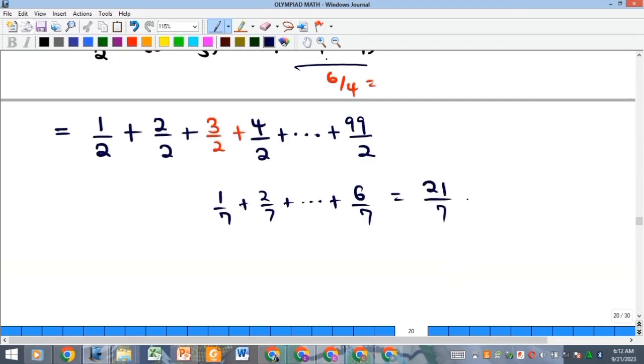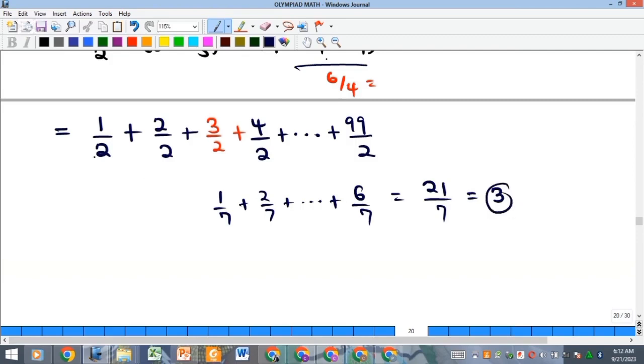So you will have 21 over 7, which is equal to 3. All right, okay, sorry. For the one of 7, we are going to rather get 6 over 2.